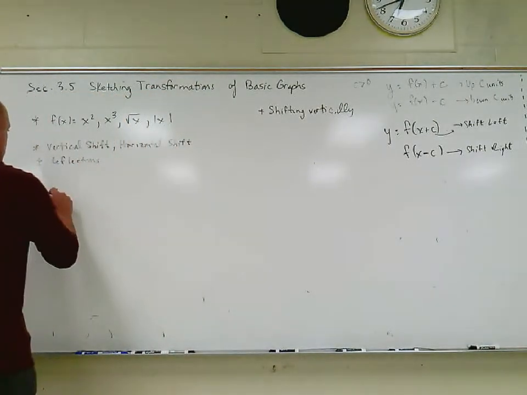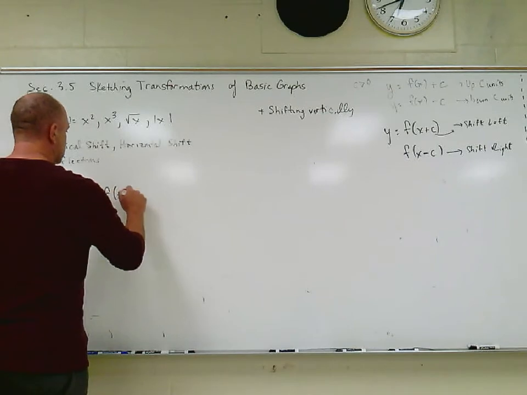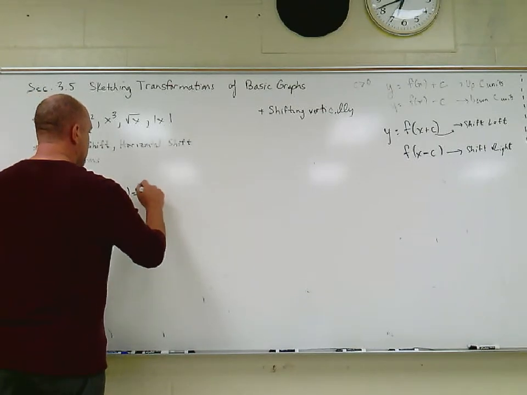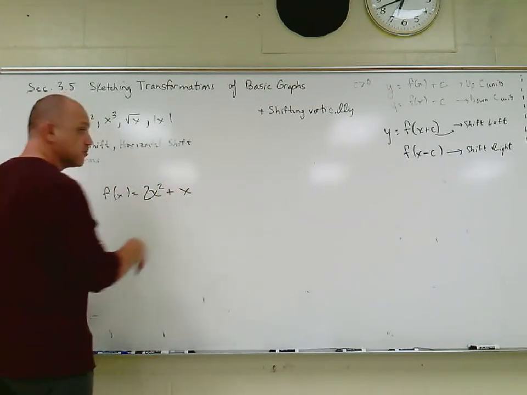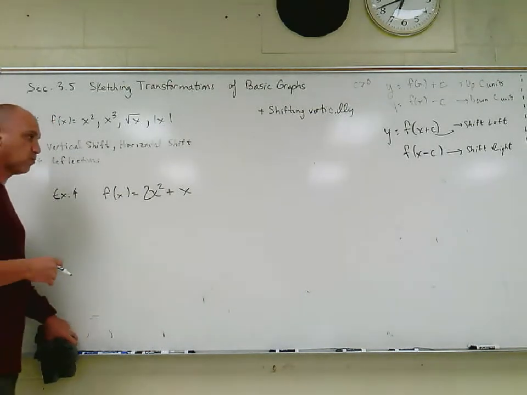So now we'll go to example 4. Let's say I said that f of x is 2x squared plus x. So now I've just made up a graph. You're not sure what it is, but if you were gonna guess, what do you think this would look like? Yeah, it's a parabola. Would it be skinnier? It would be skinnier, but you don't even have to do all that. Oh. So here's what I would say.